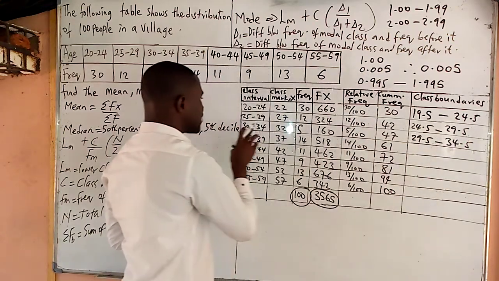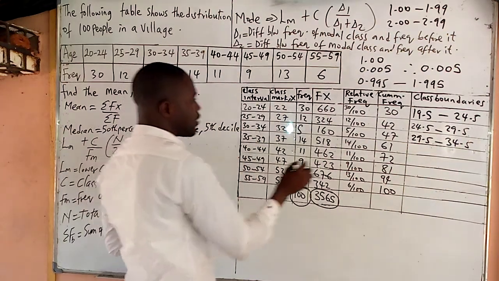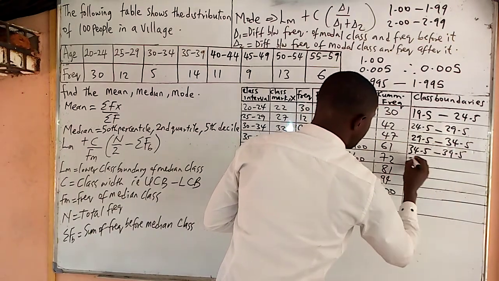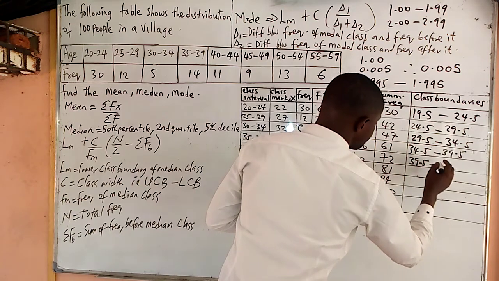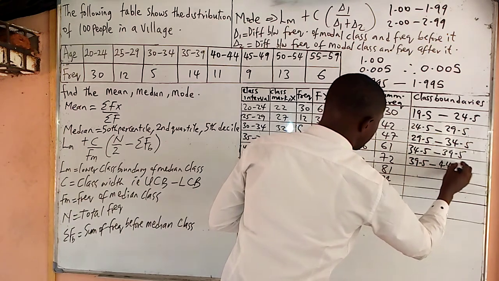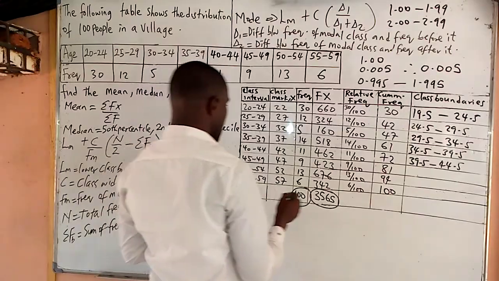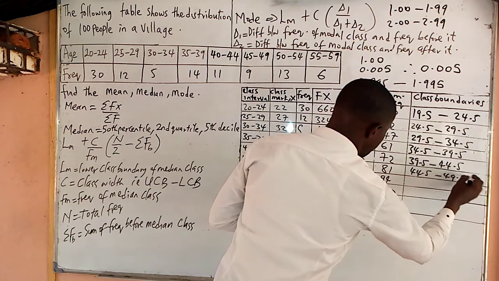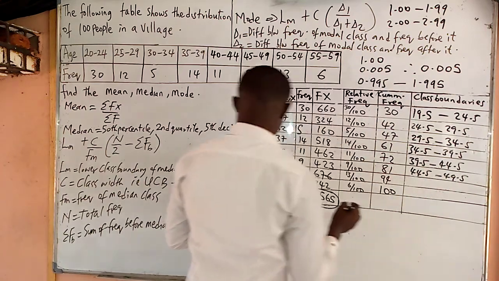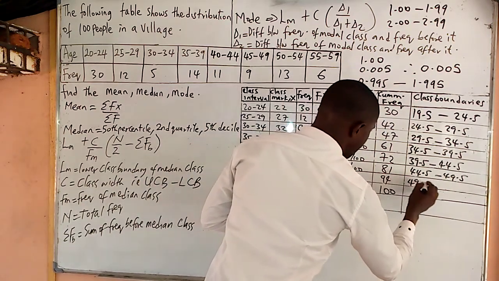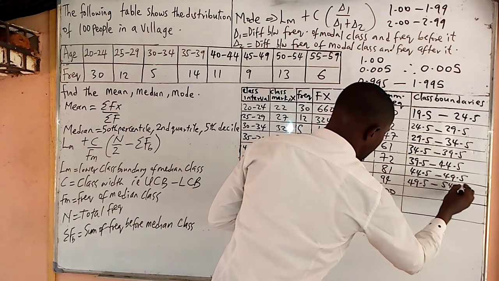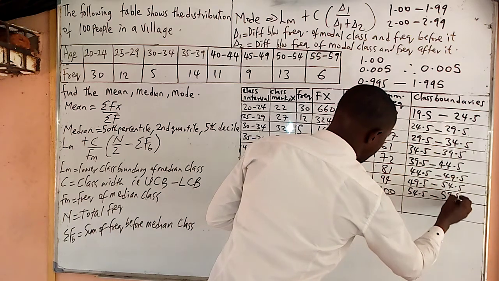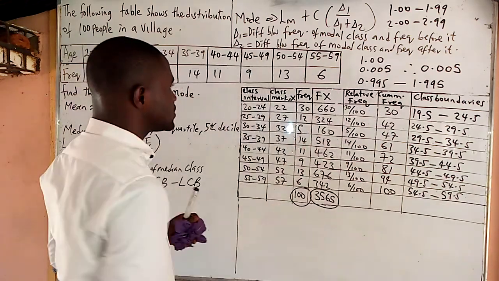So just be subtracting 0.5 and adding 0.5. 34.5 to 39.5, 39.5 to 44.5, 44.5 to 49.5, then 49.5 to 54.5, 54.5 to 59.5. Okay, that is it.